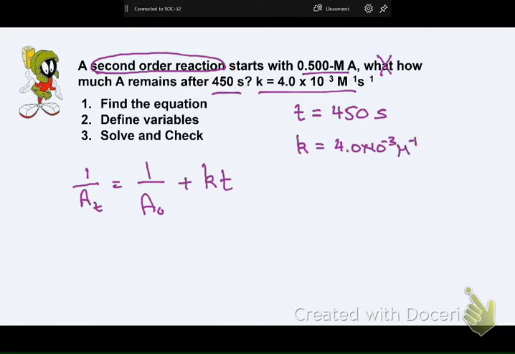Molarity to the minus 1, seconds to the minus 1. And I have an A0, and that is 0.500 molar. And AT is what I'm trying to find. That's my find.